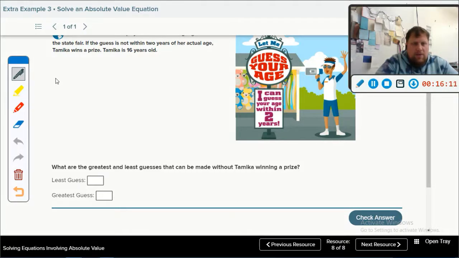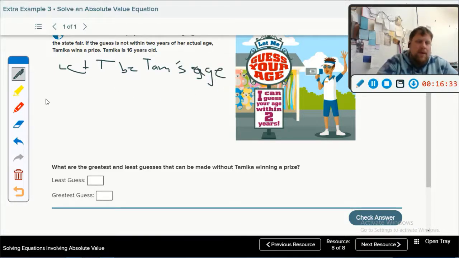Let's see. So we've got Tamika's age. We're going to let capital T be Tamika's age. I'm going to shorten it to TAM. That's supposed to be an A. G-E-A. I'm writing with a mouse, people. And so I can say the absolute value of Tamika's age.